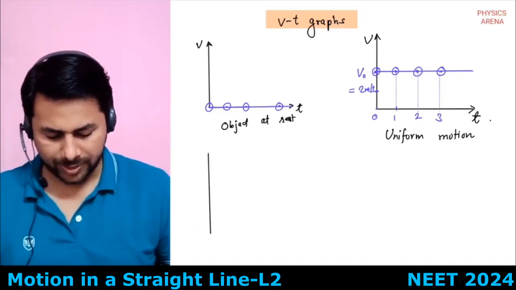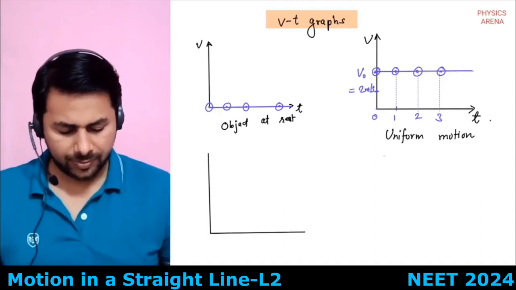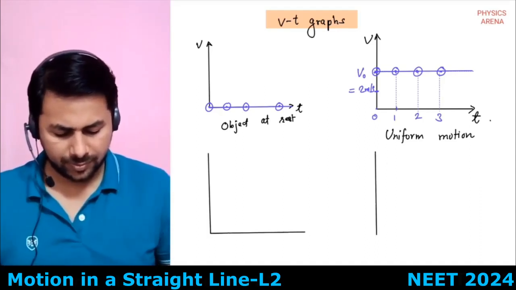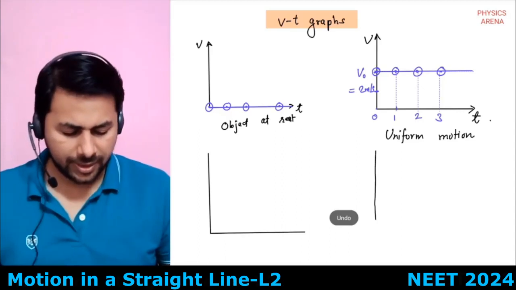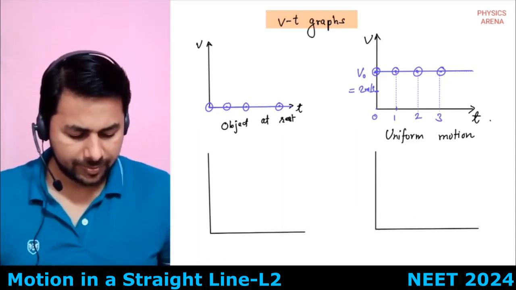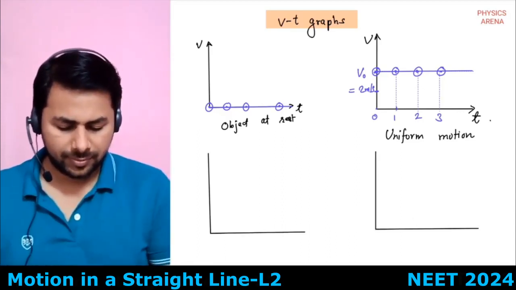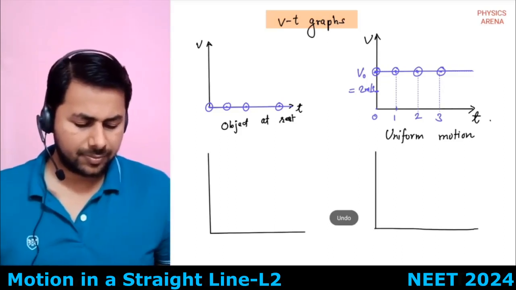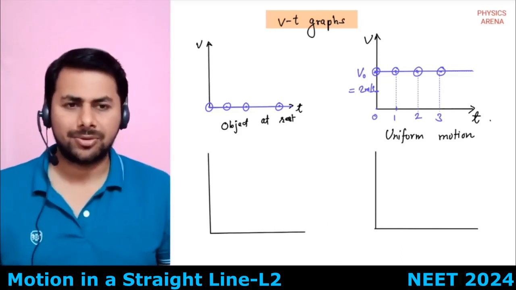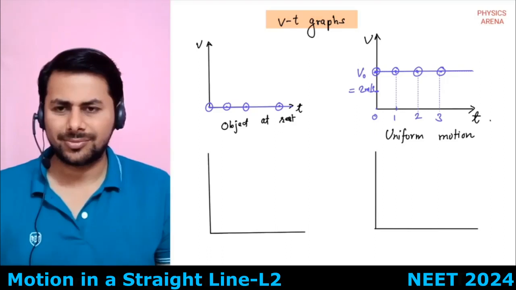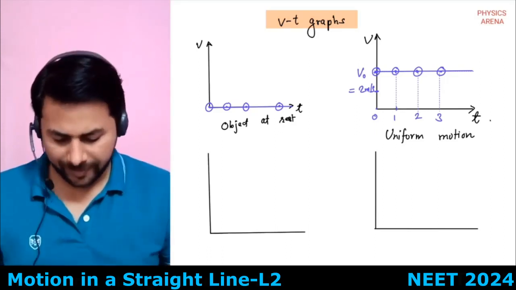Uniformly accelerated motion. Straight line, sir. What kind of a straight line? With positive slope, negative slope. Positive slope, sir.